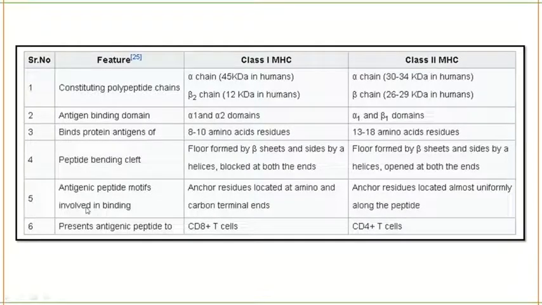Antigenic peptide motifs involved in the binding: anchor residues located at amino and carboxy terminal. Presenting antigen peptide to: class 1 MHC will present its peptide to TC cells which will have CD8 plus marker, and class 2 MHC will be presenting its antigen to T helper cell which has CD4 plus marker.